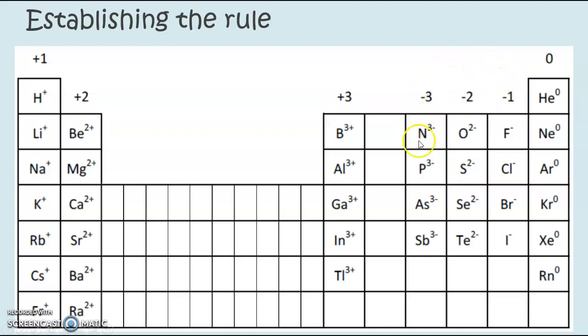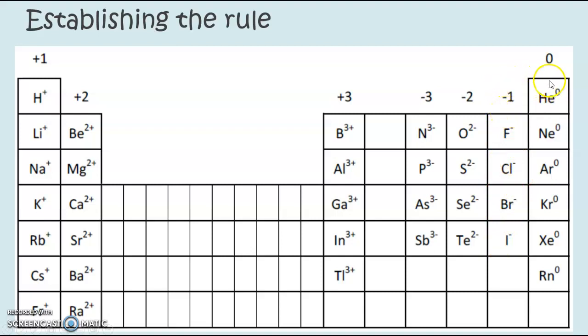So for group 15, you will notice that all the elements will have 5 electrons in their outermost, and they tend to gain 3 electrons, forming a -3 charge. For these elements in group 16, they have 6 electrons in their outermost, they gain 2 electrons, and they form -2 ions. And for group 17, 7 electrons in the outermost, then they gain only 1 electron to form a -1 ion.